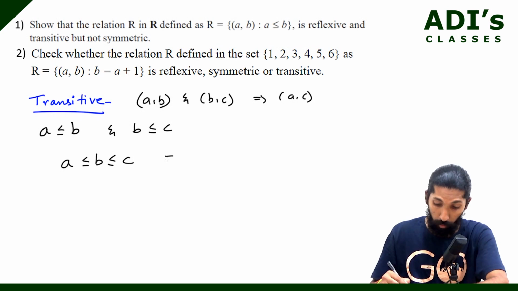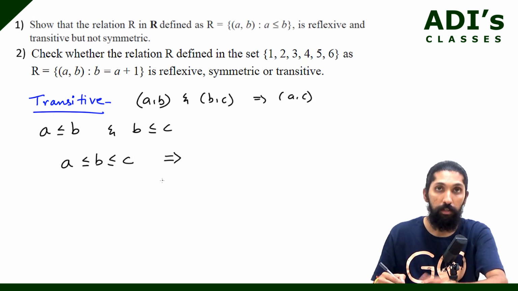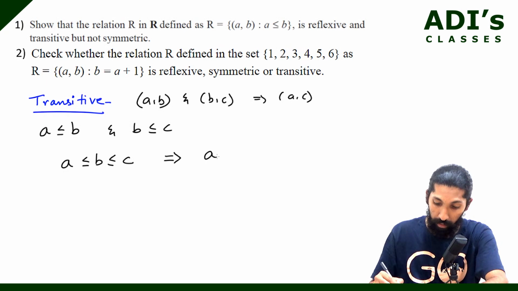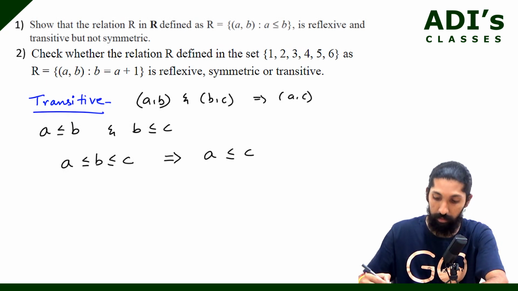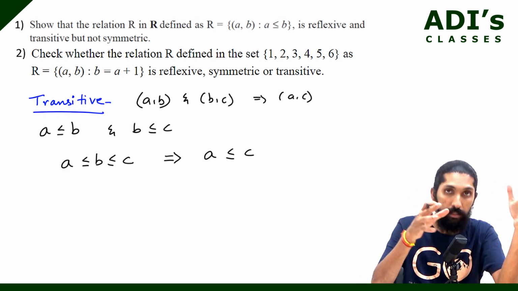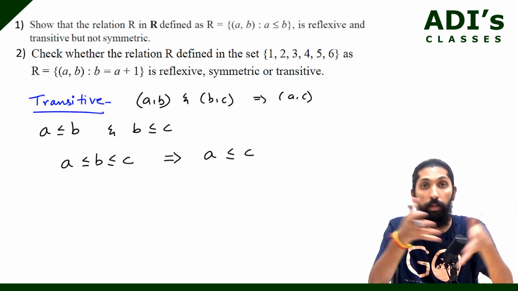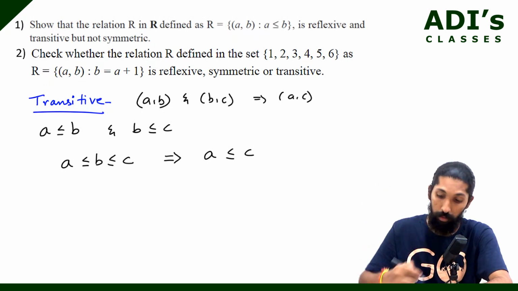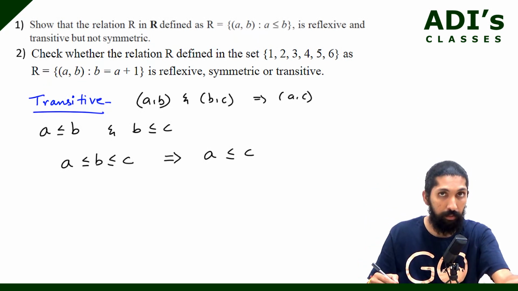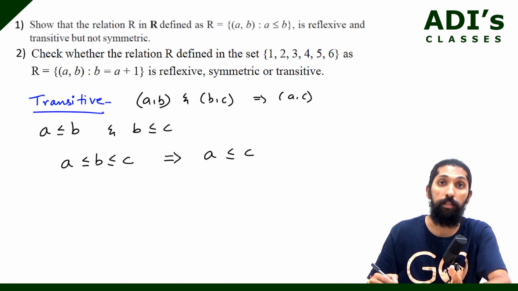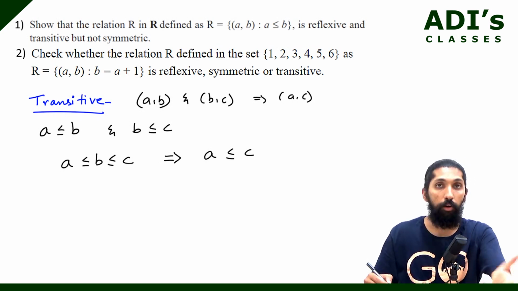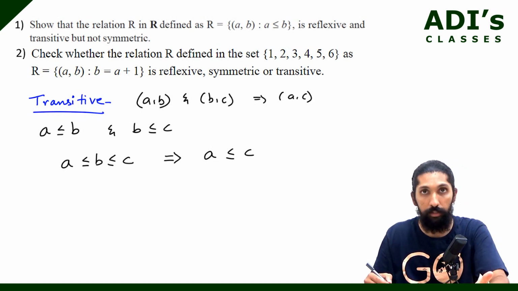So what can we imply from this? We can imply that a is less than or equal to c, isn't it? Because a ≤ b and b ≤ c, so a ≤ c. So this implies a ≤ c, which is nothing but (a, c) belongs to R, isn't it?